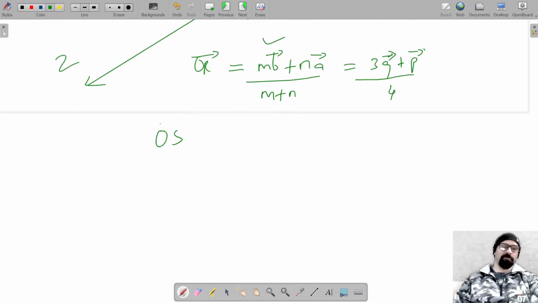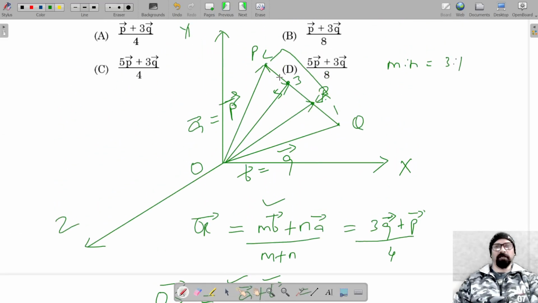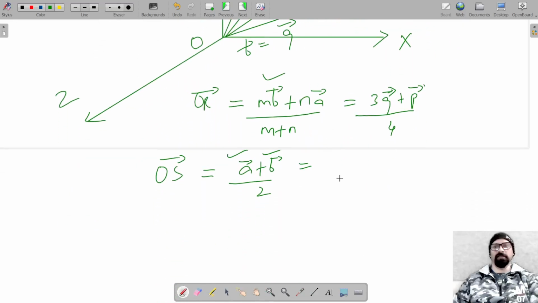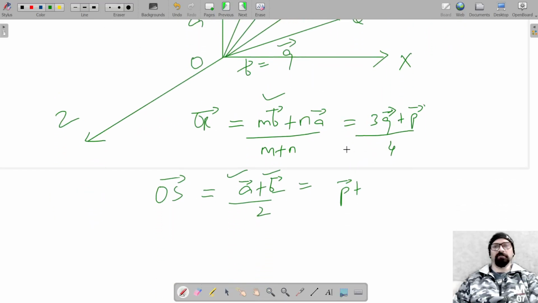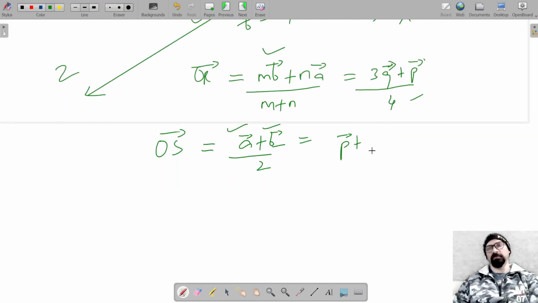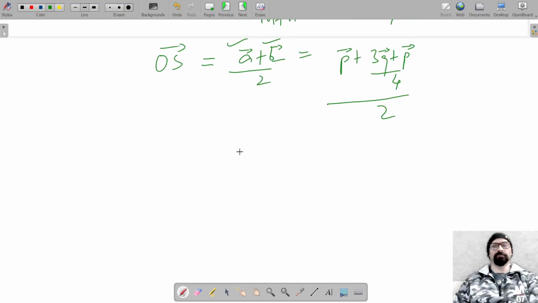So the position vector of OS is equal to A vector plus B vector divided by 2. Now A is the position vector of P, which is P vector, and B vector here is the position vector of R. So the position vector of R is 3Q plus P vector divided by 4, the whole divided by 2.